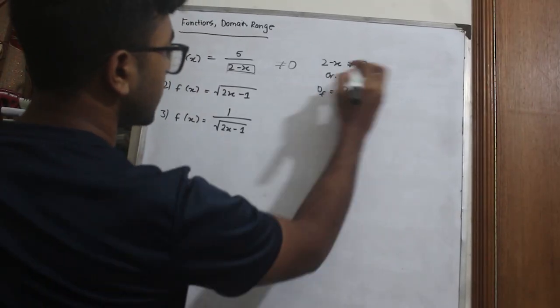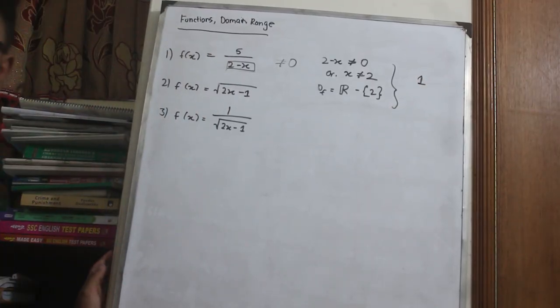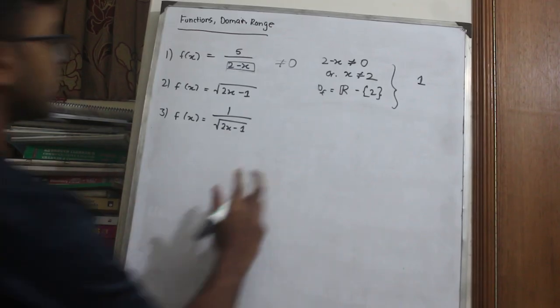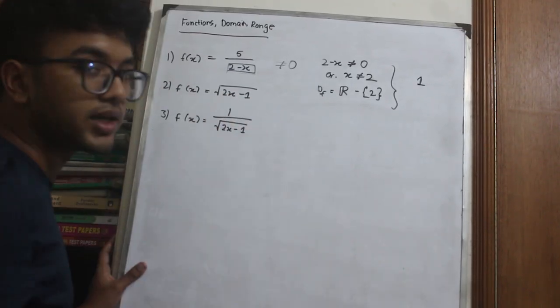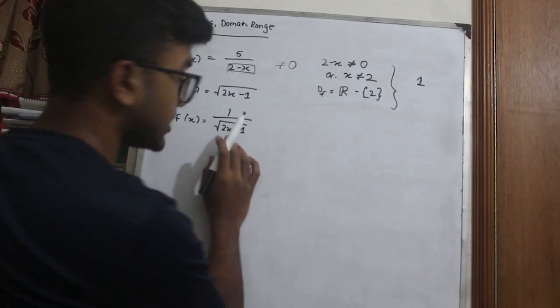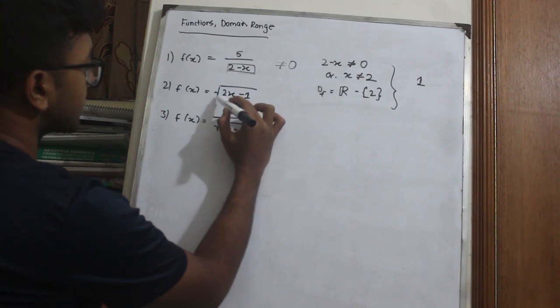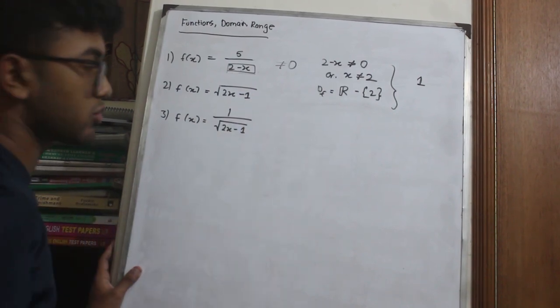Now going on to the second one. For the second one, we see where the polynomial of f of x is, and here the variable x is inside a root, or inside a square root.